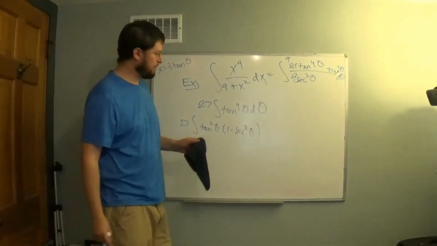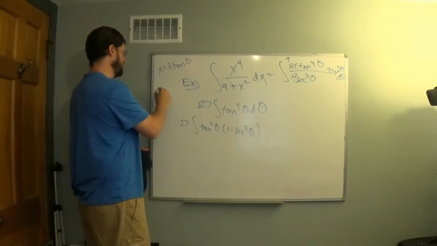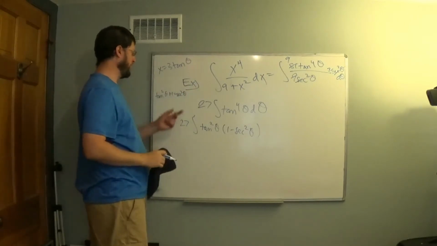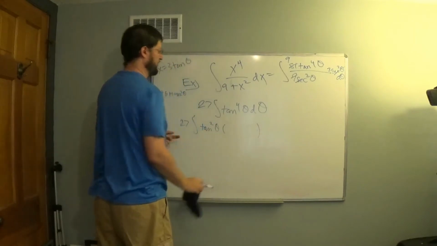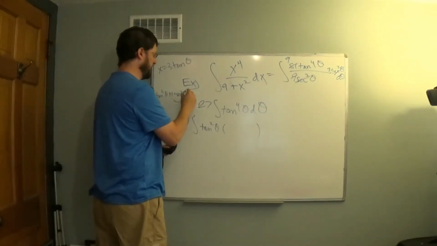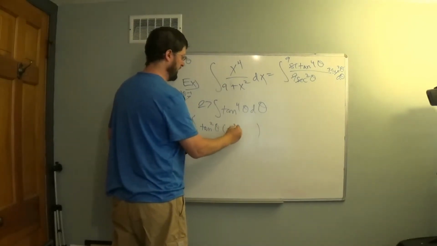Remember that tan squared plus 1 is secant squared. So that tan squared, sorry, I got that backwards. Good thing we wrote that out. So tan squared is secant squared minus 1 if I move the 1 over to the other side. So tan squared is secant squared theta minus 1.